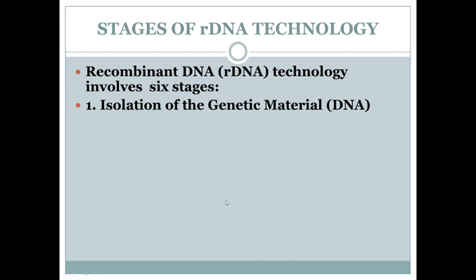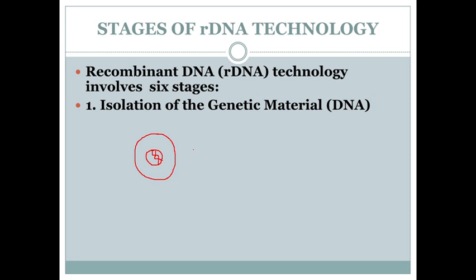Excepting a few retroviruses, DNA is even the genetic material of viruses. In living organisms having cellular structure, it is located inside the cytoplasm or inside the nucleus of a eukaryotic cell. This DNA is first to be isolated from the nucleus or the cytoplasm and then taken out.